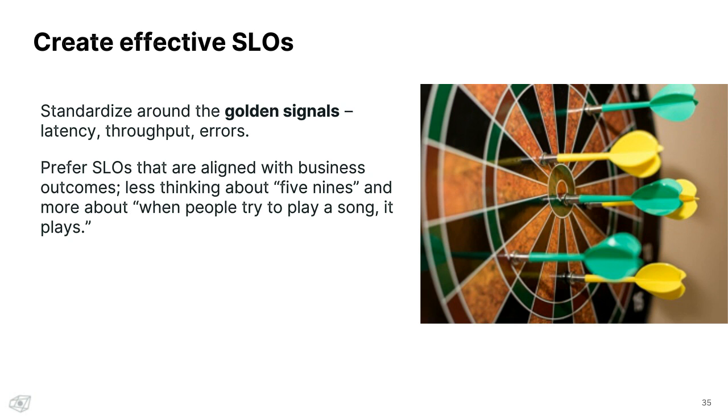If you're doing some sort of streaming service, then maybe throughput's a little more important to you. For a lot of things where there are users involved, my advice is to standardize around the golden signals, things like latency, throughput, and errors, maybe saturation if that's also important. But if you're going to do anything, start with latency, throughput, and errors. That'll get you a long way towards a good understanding of how your application is behaving.